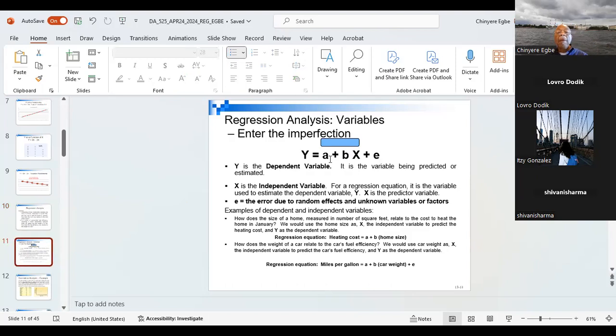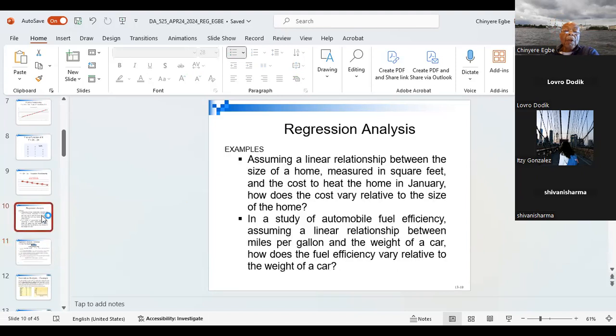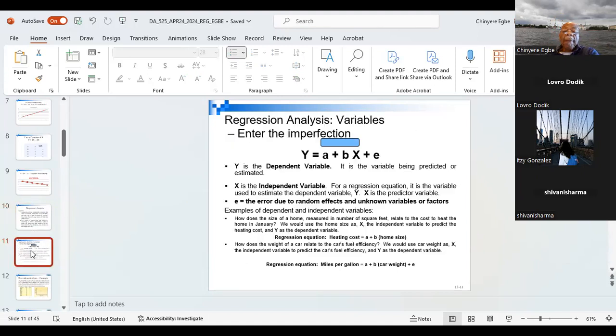And so now, what is it that makes regression analysis different? Now, as you can see here, I say enter the imperfection. The difference between a regression model and the simple linear model that you see there is that in the simple model the relationship between X and Y is perfect.